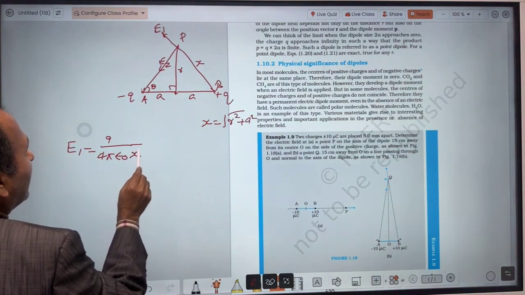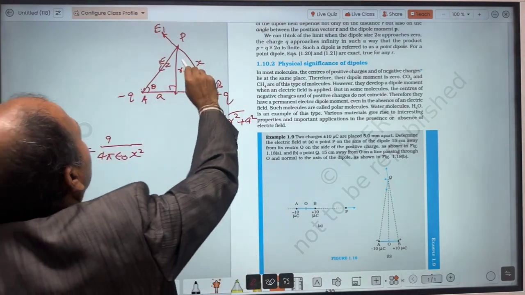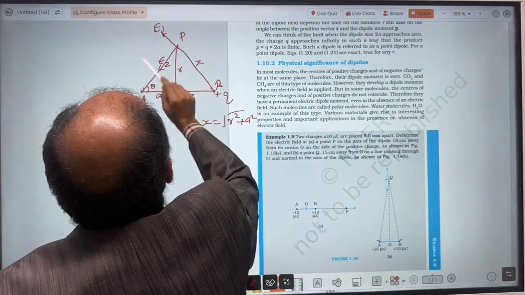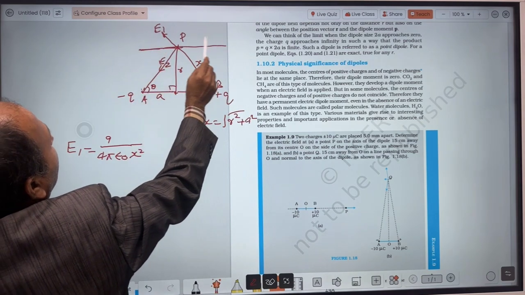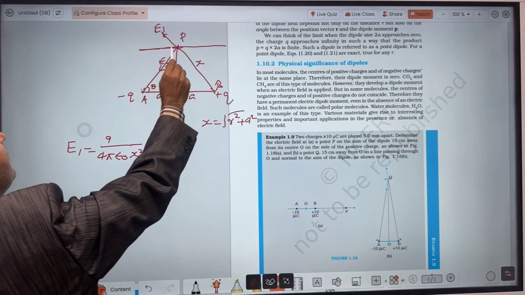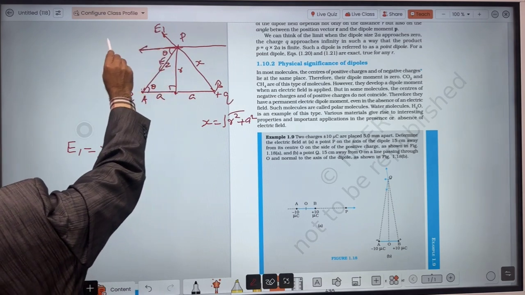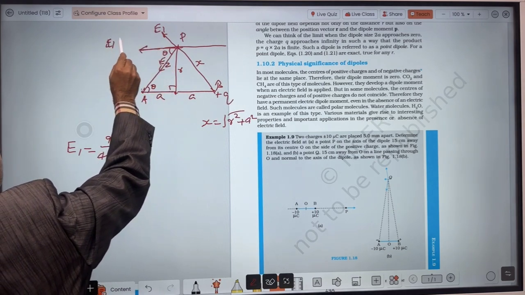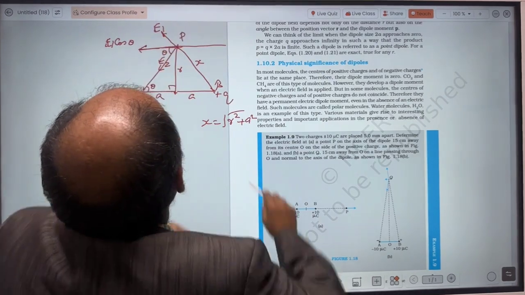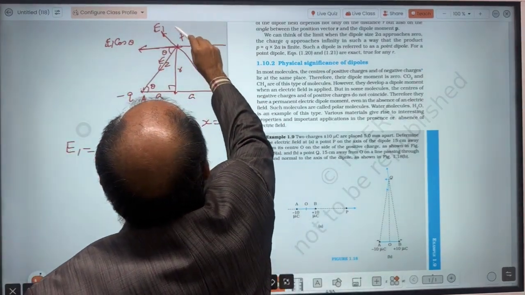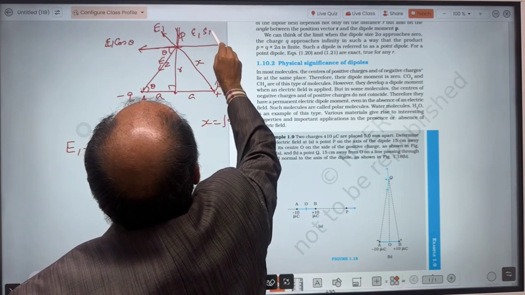So here I am writing x square, and its direction is like this. If we make this angle theta, we can resolve it into components. This angle is theta, so this angle will also be theta. In this direction it will be E1 cos theta, and its other component will be in the upward direction, that will be E1 sin theta.